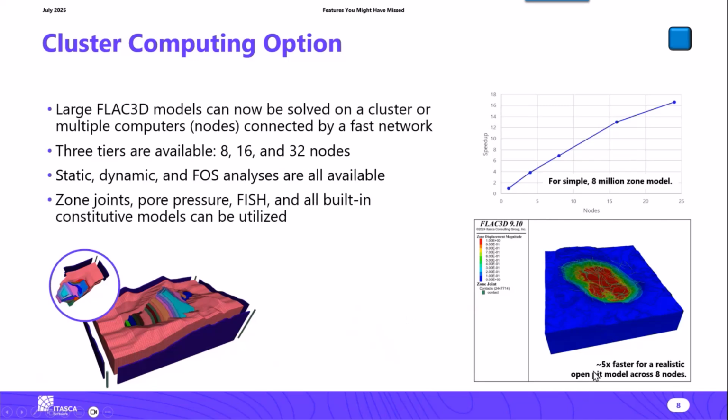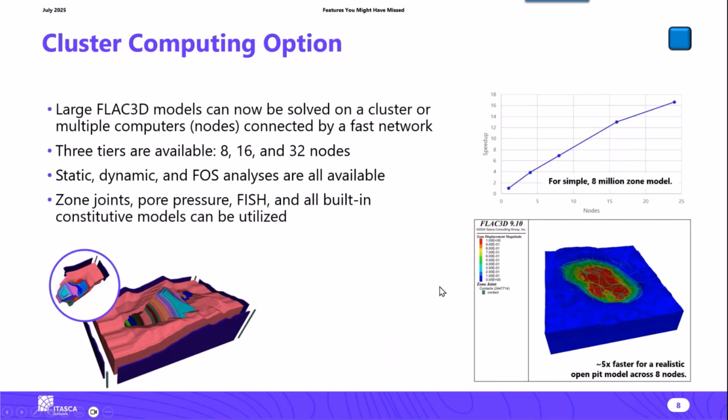In terms of a practical example, here we have a large open pit model with zone joints, quite a bit of faulting going through it, and with an 8-node system, we saw a speed improvement of around 5 times faster.